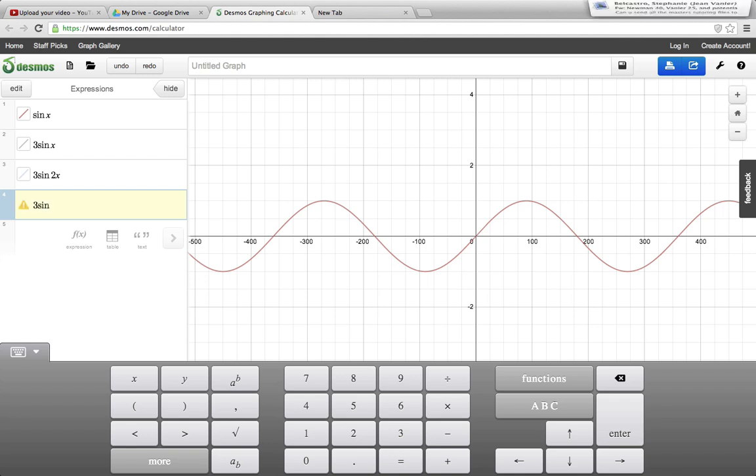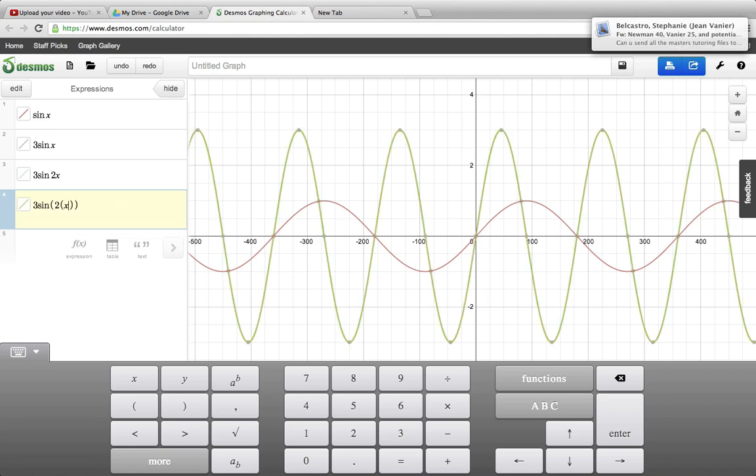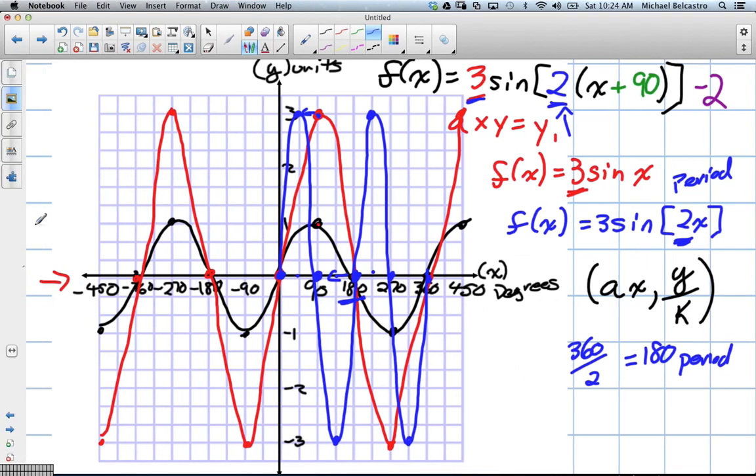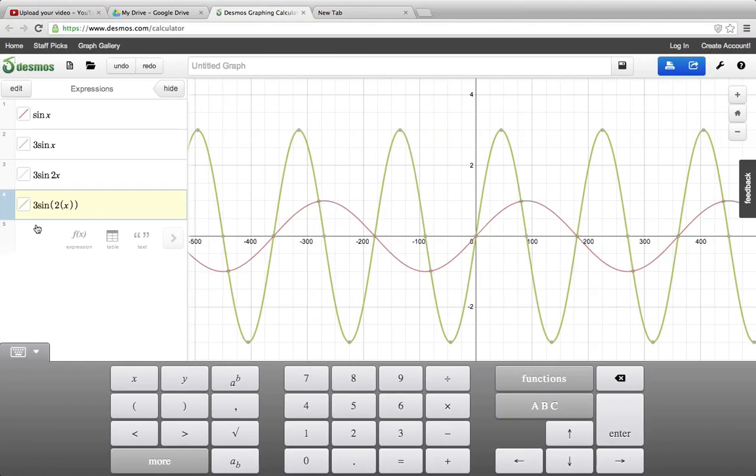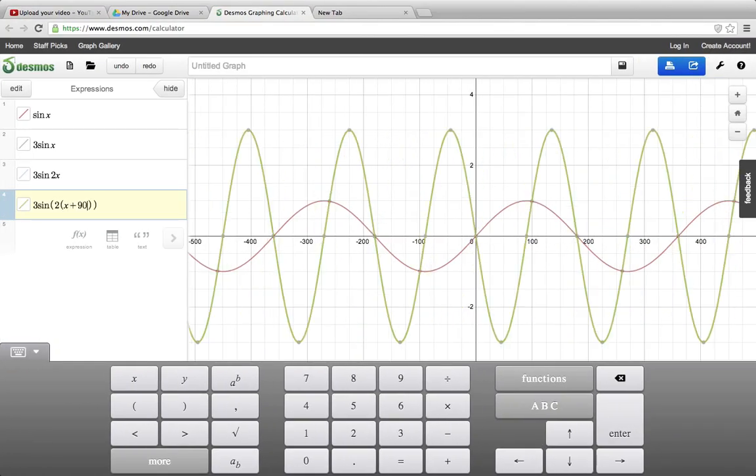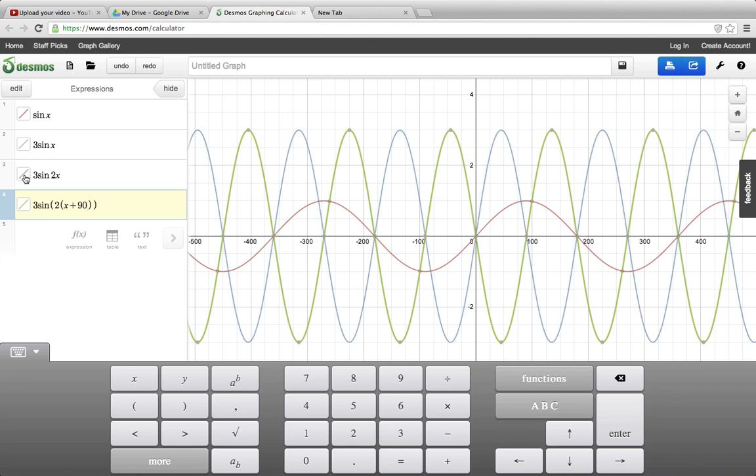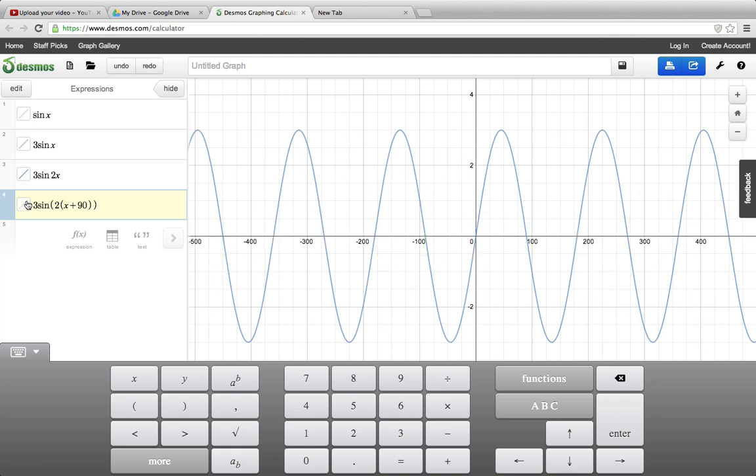3 sine bracket 2x. What was the value we had? What did we say? Plus 90 and negative 2. Okay, so first one is plus 90 degrees. And what's going to happen, because I am going to turn this one back on, is if you notice, first we'll have the blue one, that was our 3 sine 2x.